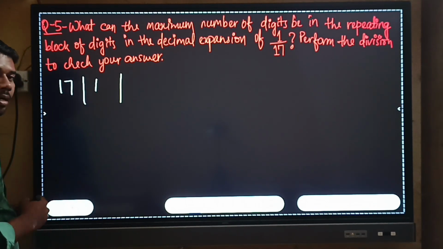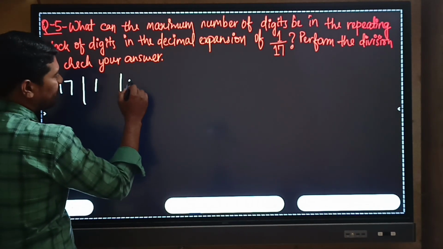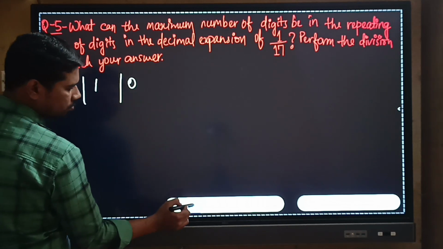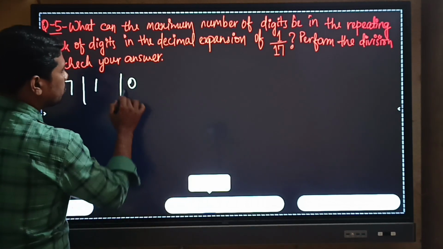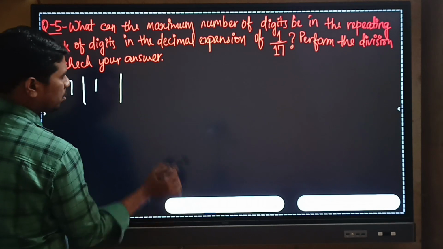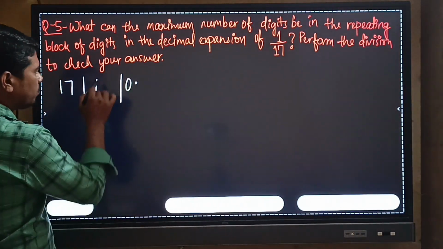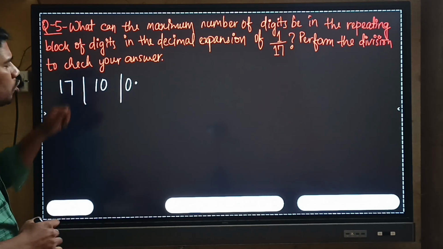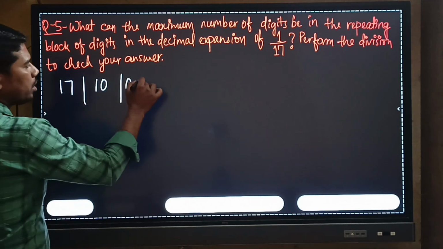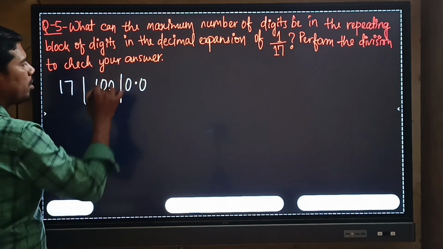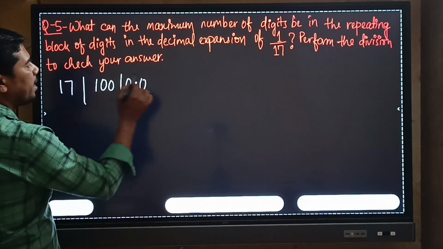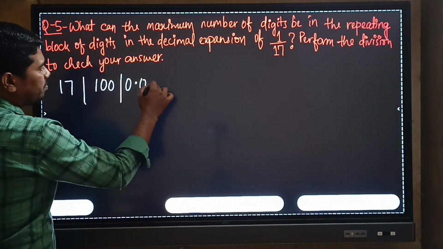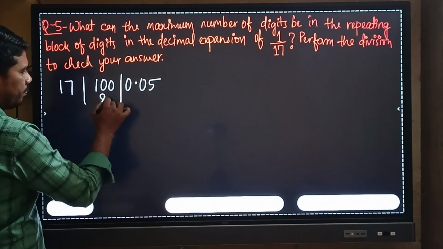1 is smaller than 17, so the point must come first. Point means now 0 will be added, then 10 is also smaller than 17. So again another 0, then it will become 100. So 17 5s are 85, 17 5 80.